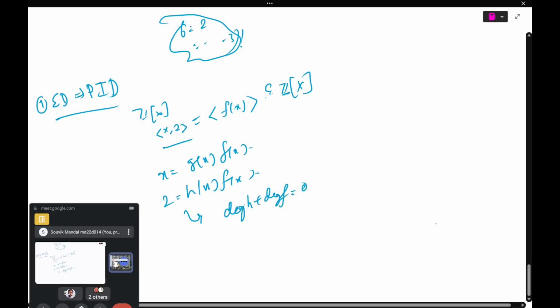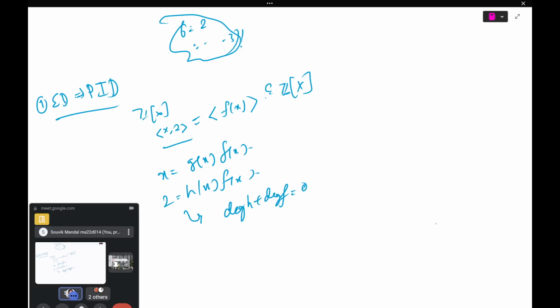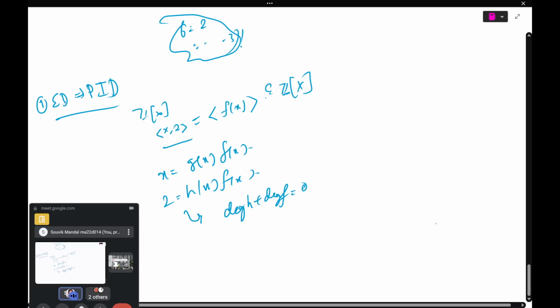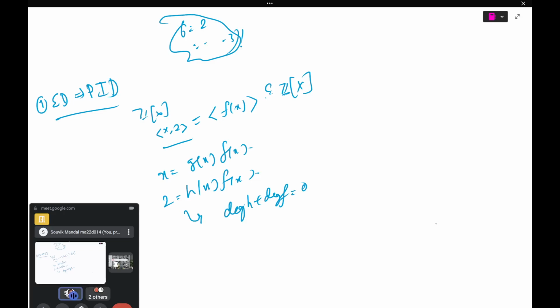Then f(x) is a non-zero element, so the degree of f is equal to 0, correct?